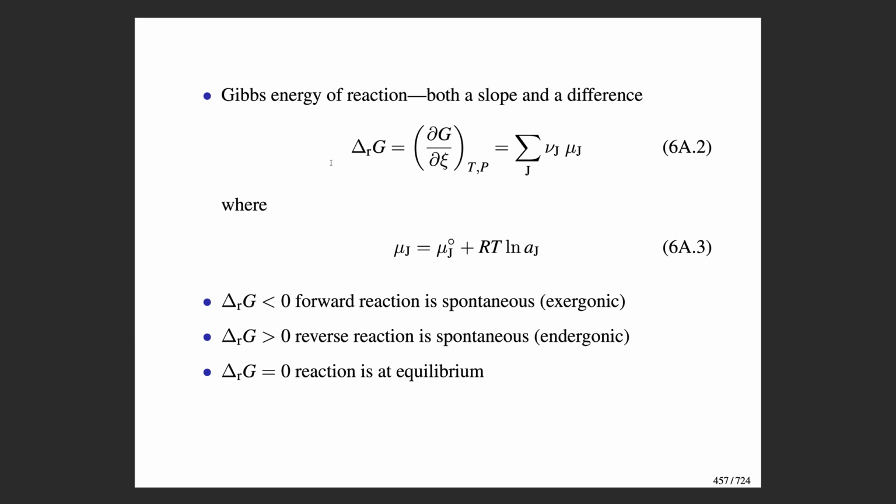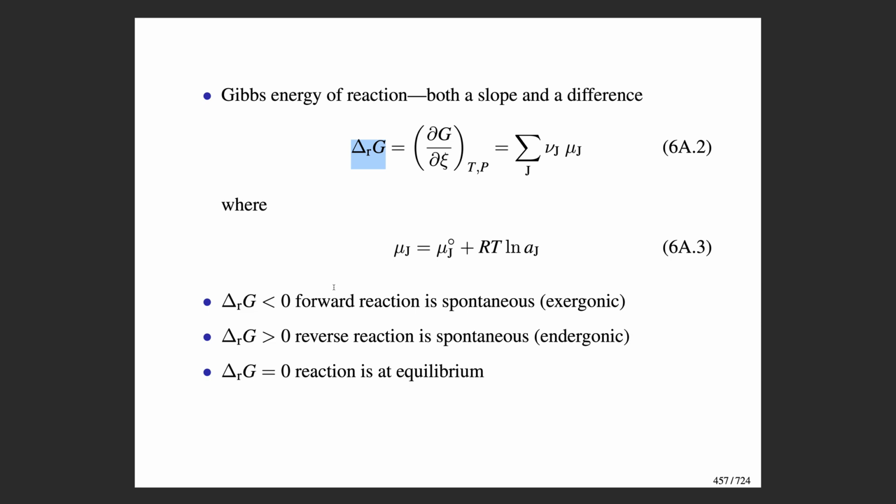The spontaneity criterion still applies here. When this quantity is negative, that means that the forward direction of the chemical reaction is spontaneous.